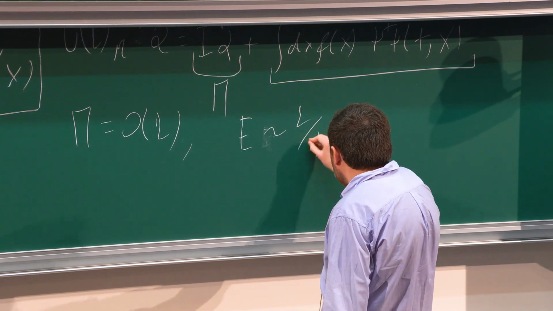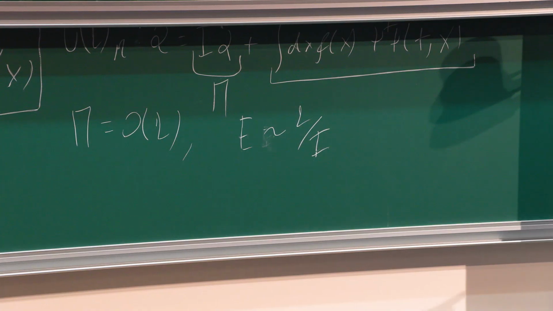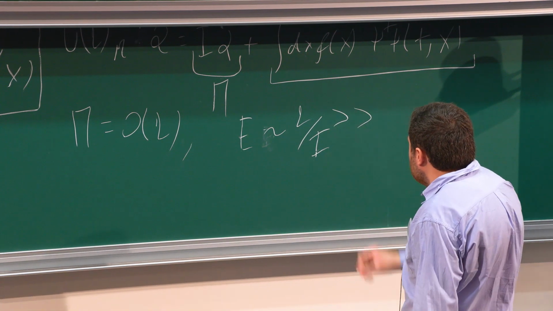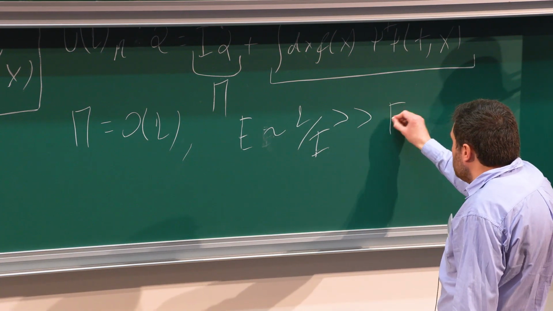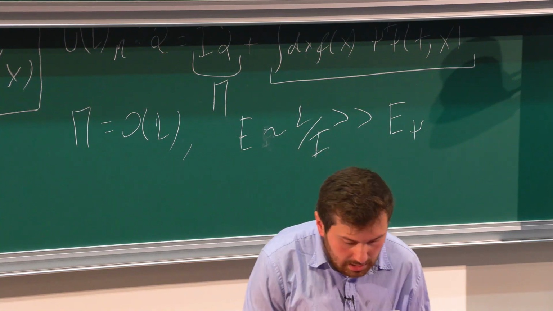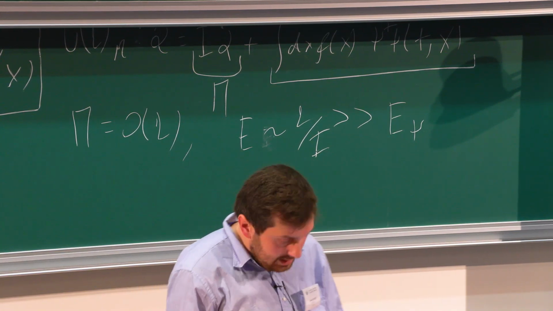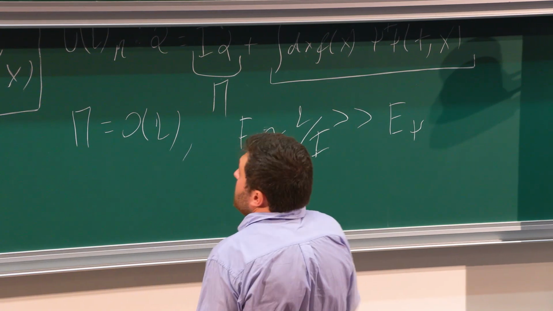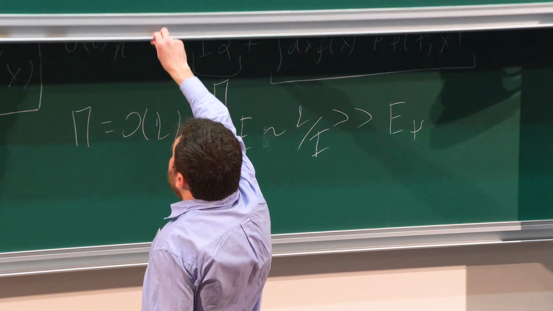proportional to 1 over I, where I comes in the kinetic term. And we will work in the limit where this is much larger than the fermion energy, such that we cannot excite the dions. But you can see very easily that here we also have the semitone puzzle.